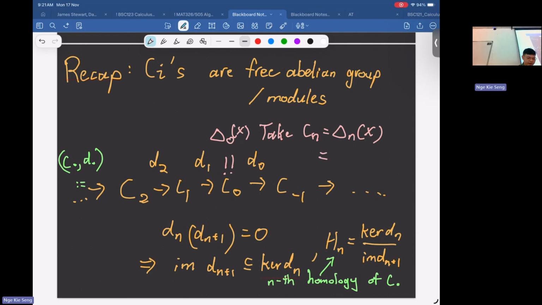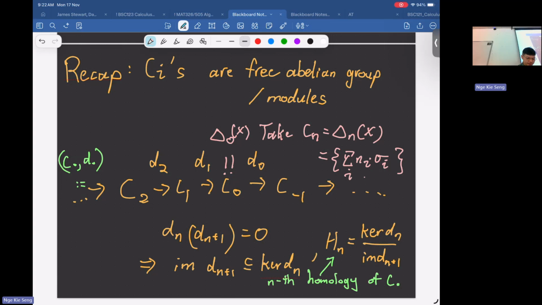Still remember what is delta n x here? This is some linear combination. Just some finite linear combination on our n simplex. What's our notation for n simplex? Sigma. Okay, sigma. So a finite sum.